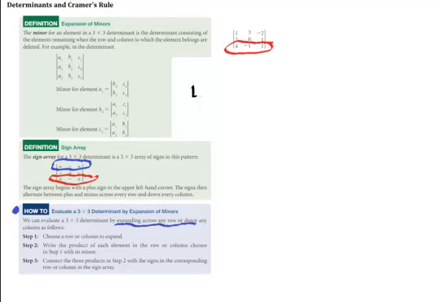It's going to be 4 times the determinant of whatever's not in his row or column. So that would be these dudes right here. So I'm going to write down 3, -2, -2, 0, 1.